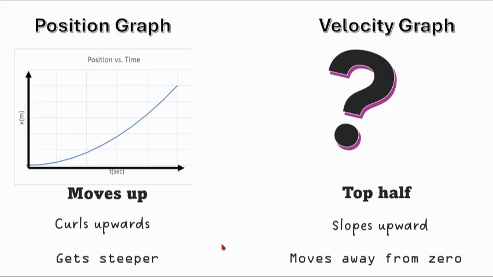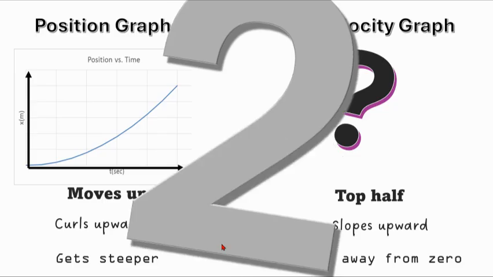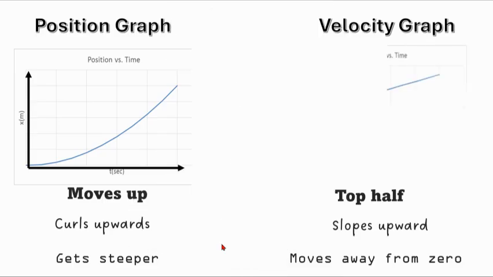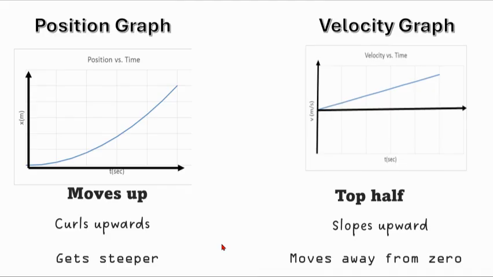I'll give you a few seconds, so pause the video and jot down what you think that graph is going to look like. Here we go in 3, 2, 1. There it is. You can see that the position graph starts basically flat, which means it would have zero velocity, and then it gets steeper and steeper, which means the velocity is getting greater and greater, and it's going to slope upwards.